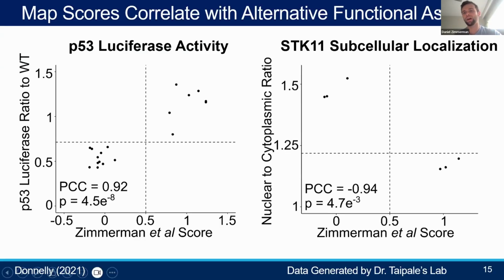And similarly, and sort of to touch on the nuclear localization element, we have collaborators at Dr. Taipali's lab who performed a GFP STK11 fusion experiment where they used microscopy to then look at the subcellular localization of STK11. And so on the y-axis, I'm plotting the intensity of GFP from the nuclear to cytoplasmic compartments.